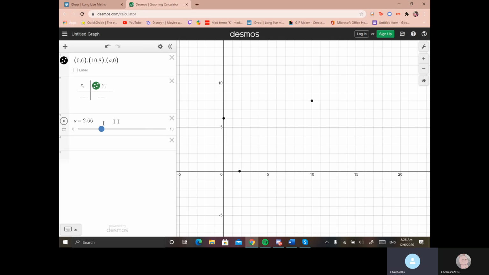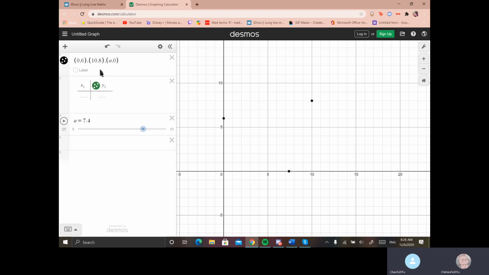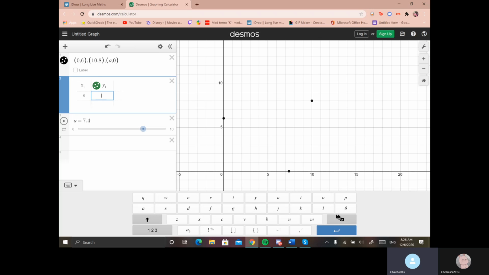Yeah, there. So as we slide it back and forth, I want you to draw the rope. How would you simulate the rope in Desmos? You've got to draw those ropes in there. How do you do it in Desmos? Your starting point would be what?